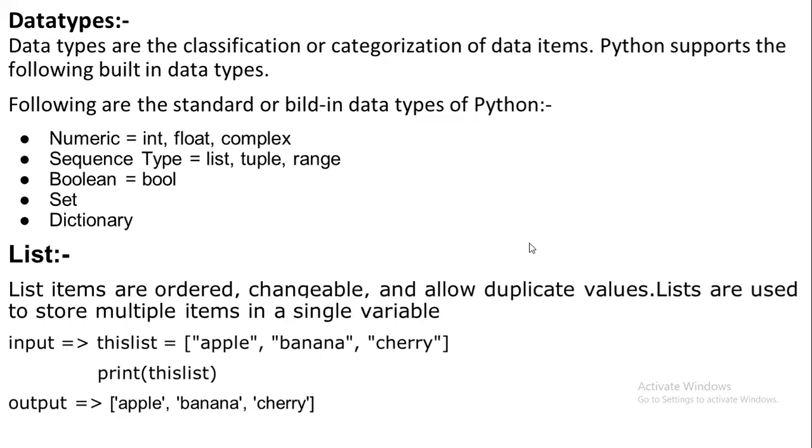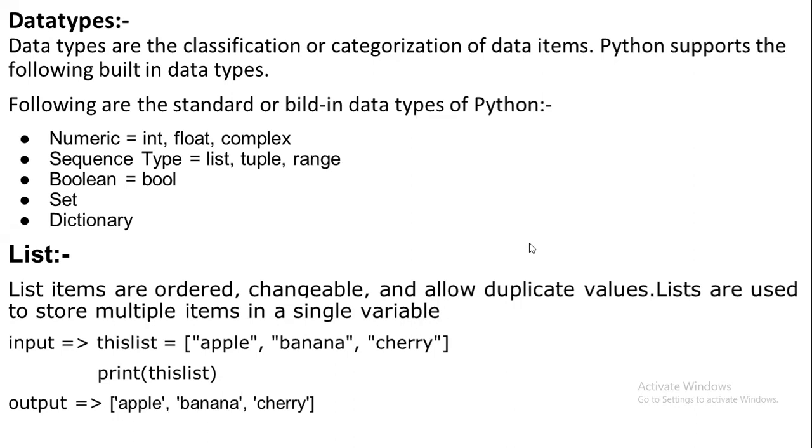You can consider a list a kind of array, an object where multiple values can be stored, and it allows duplicate values. Lists are used to store multiple items in a single variable. List items are ordered, changeable, and allow duplicate values.